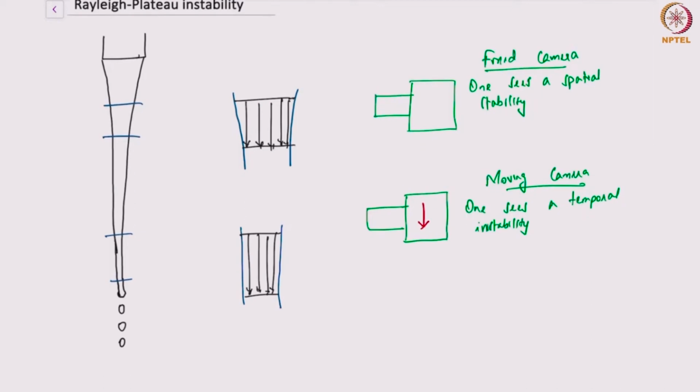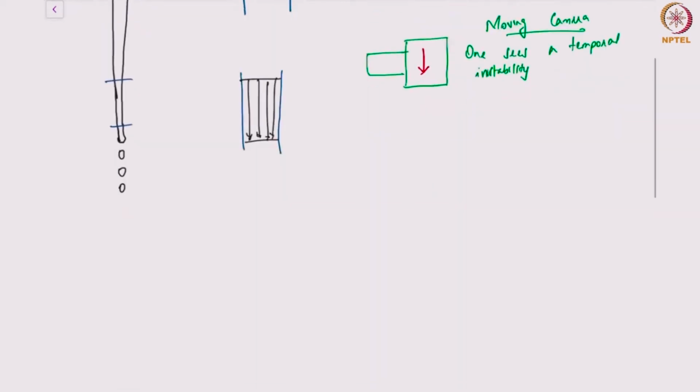If you move with the flow, hopefully I've convinced you that you can think of it as a filament where you see temporal growth. So that's the first part of the puzzle. There is some meaning to studying a temporal analysis.